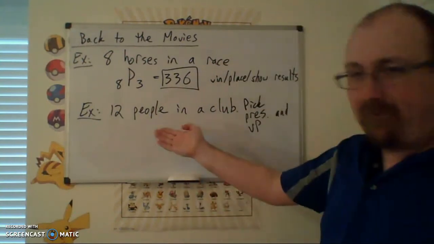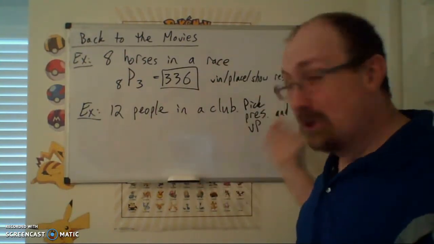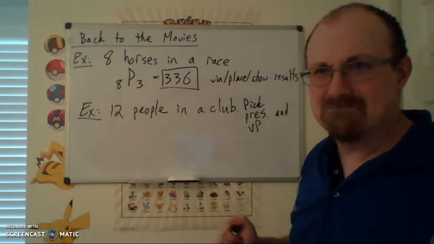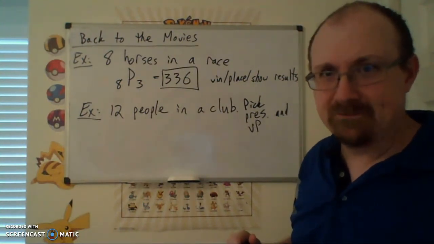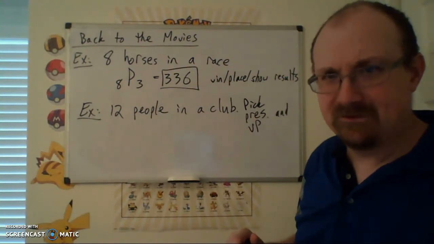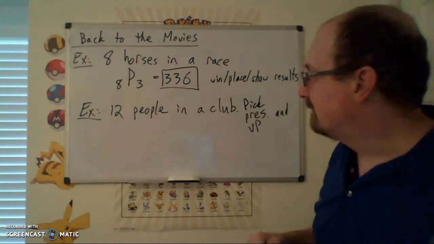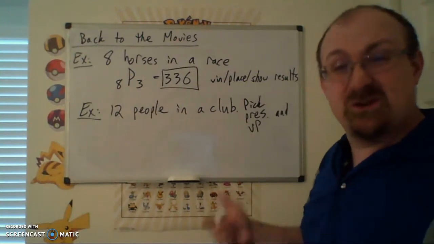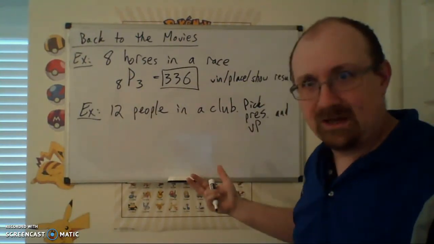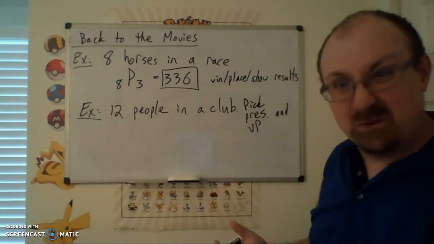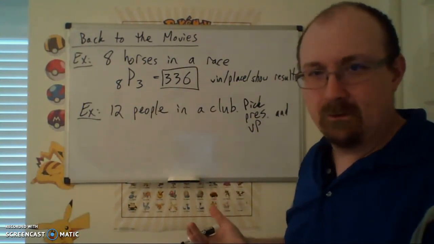So we've got 12 folks in this organization and 2 positions to fill. Again, you don't want the same person filling both jobs, because the vice president's big thing is to do the president's job if the president can't be there, right? So again, we could do this with the counting principle. There's nothing wrong with Pres, VP spots, and working things out that way. But since we've got this new tool, what is it they say?